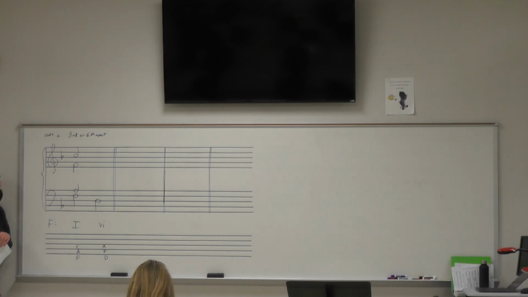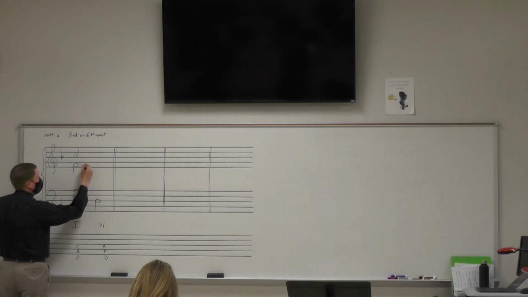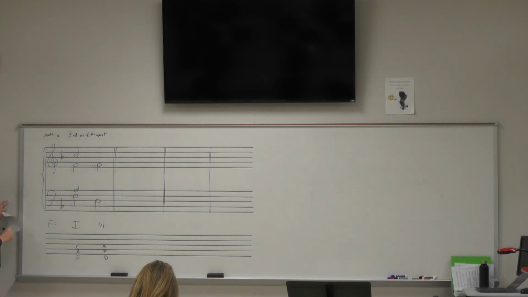F and A. The only guideline for this type of root relationship in part writing is to find the two common tones and keep them static or stationary. Just slide them across. Don't move them to other pitches. So I have to find an F and an A. Here's an F. Just slide it over. You don't have to move it up or down. It remains static.